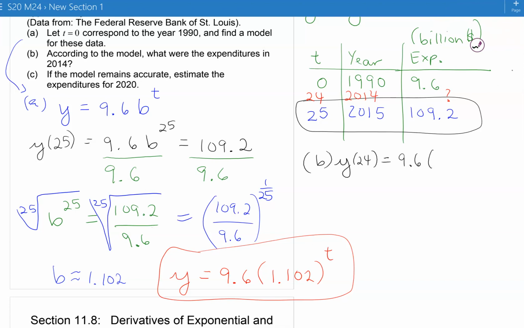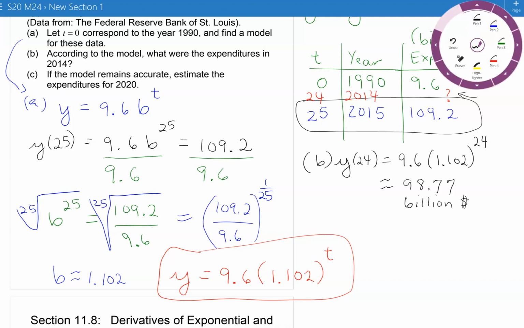So I'm going to have 9.6 times 1.102 to the power of 24. And I'm going to get about $98.77 billion. And that seems reasonable because it should be somewhere in between these two numbers and closer to the bigger number because 24 is closer to 25.